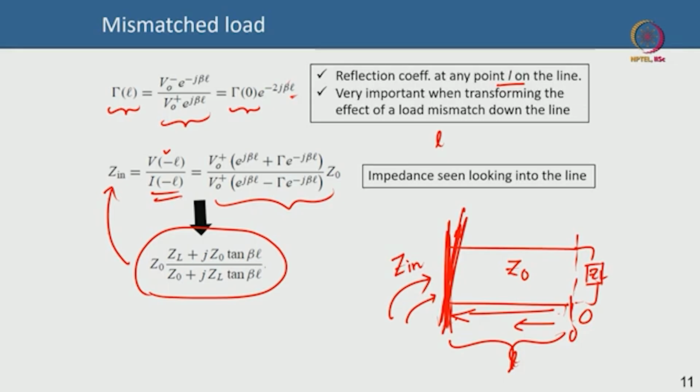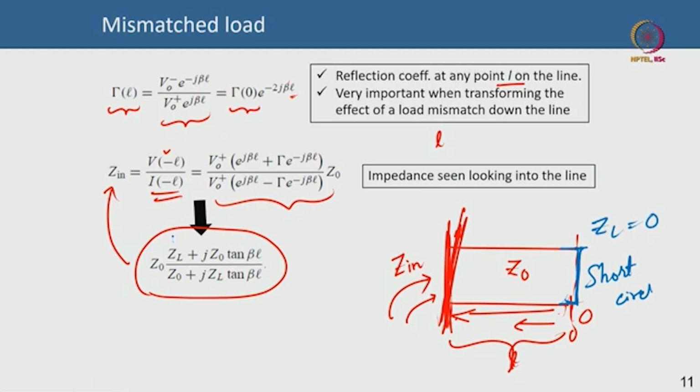For instance, suppose I take the eraser here and remove this part. Why did I remove that part? Because I want to say that suppose this is a short circuit, I have no load, I removed the load and made it a short circuit at the load. If I have a short circuit, it means my ZL is 0.